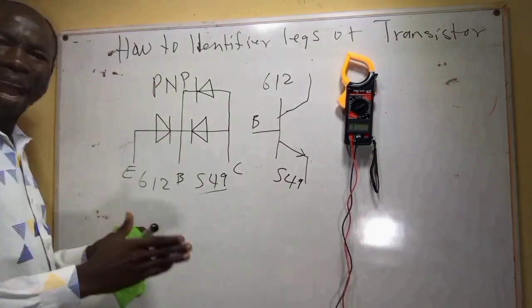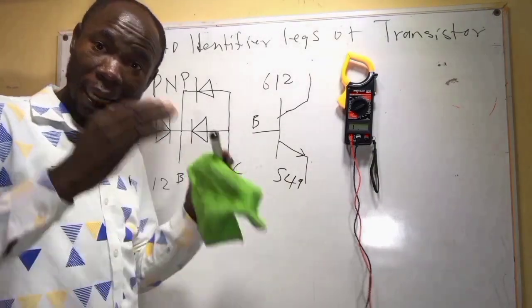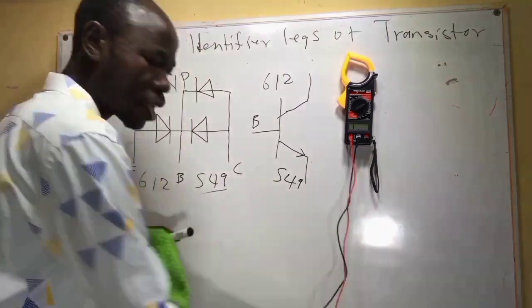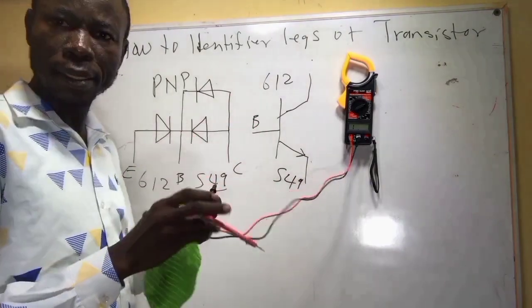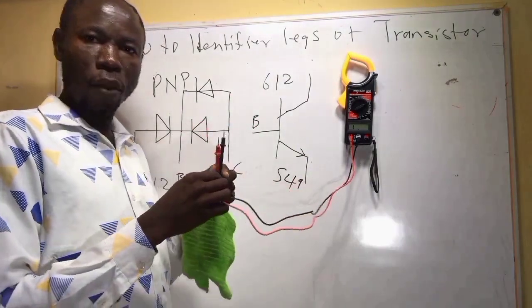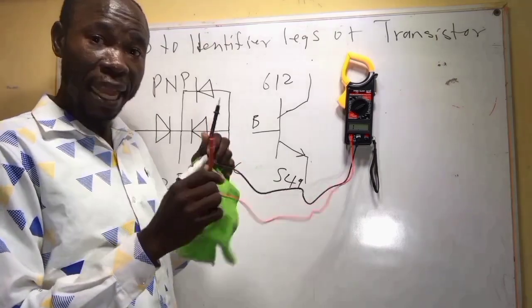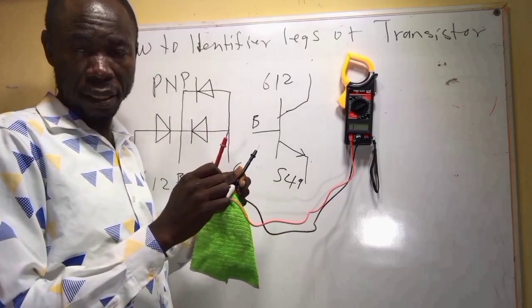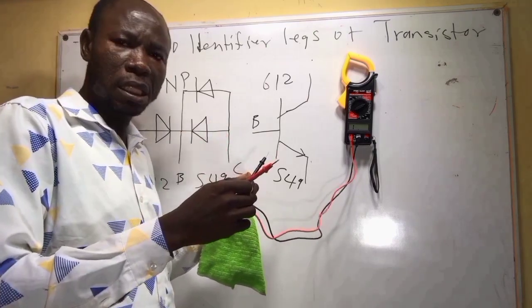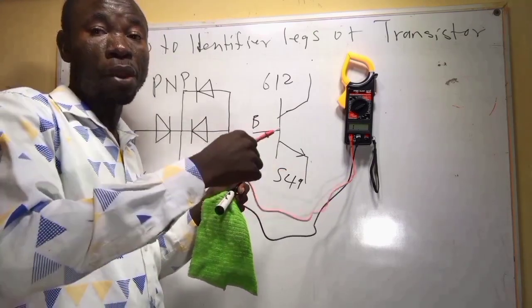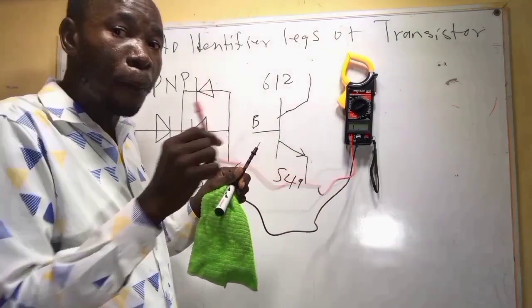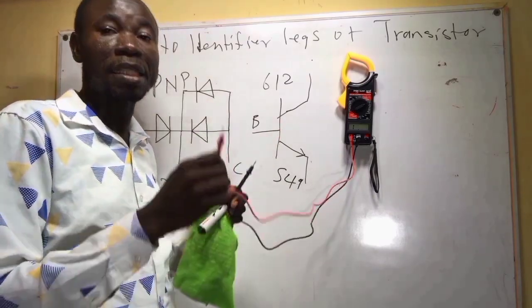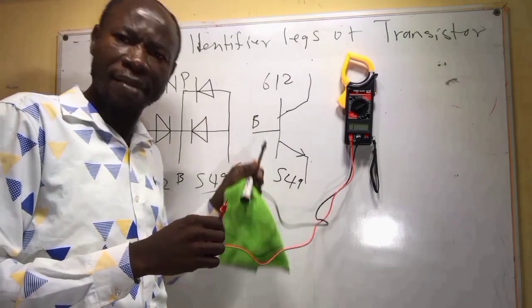So to identify the legs of a transistor, first of all, you place any one of the meter leads on any one of the transistor leads. If you are able to use the other lead to read the remaining two sides, where you made your meter constant, it means that place is the base.